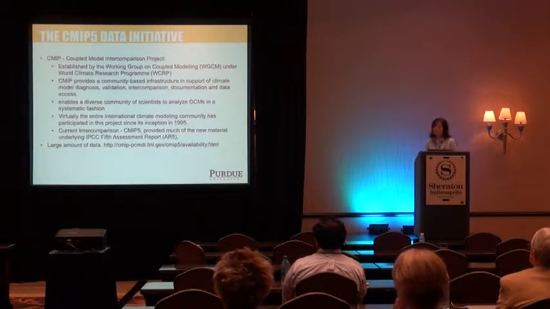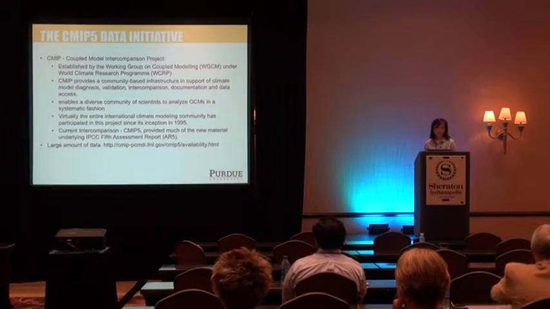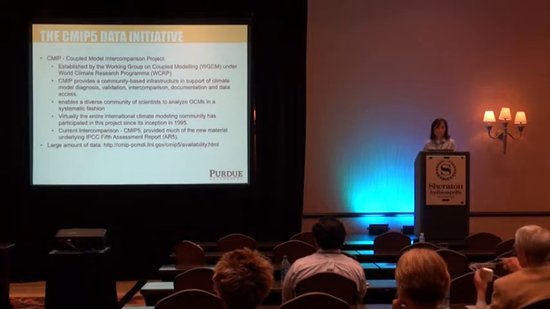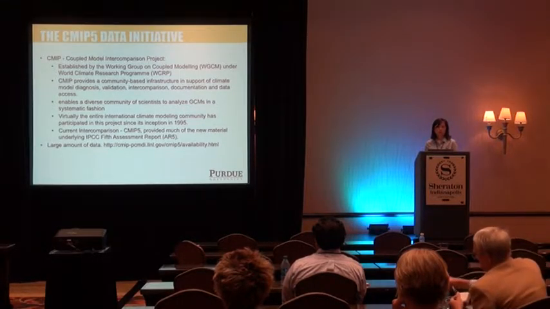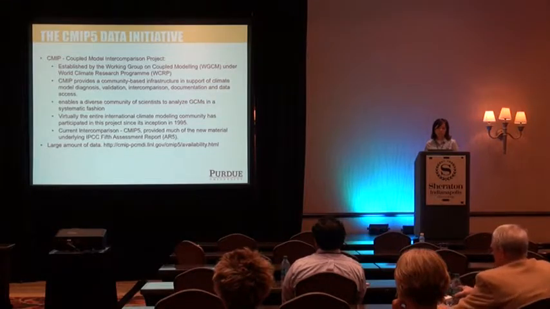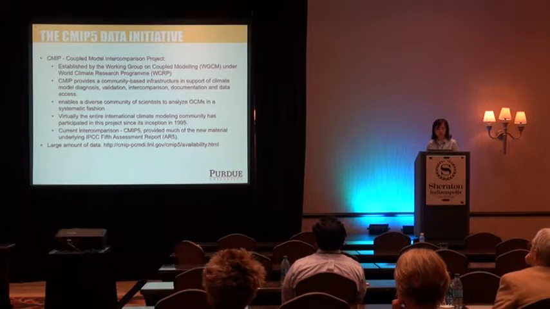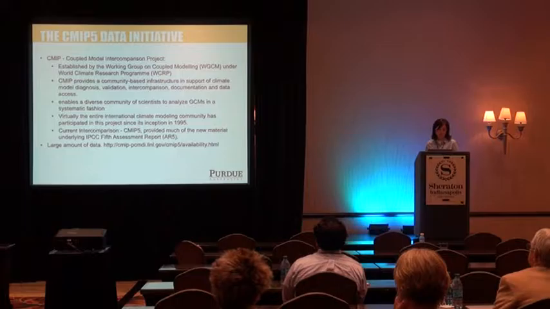It was established 20 years ago by the Working Group on Coupled Modeling and the World Climate Research Program. Currently, it's at phase 5, so we call it CMIP5, and it has generated a lot of data. And the data has been used to generate the 5th assessment report for the IPCC, which is the organization that assesses climate change of the Earth and its impact on social and economic systems.